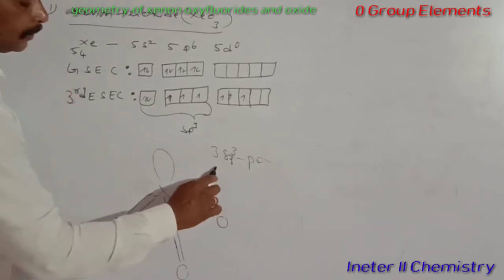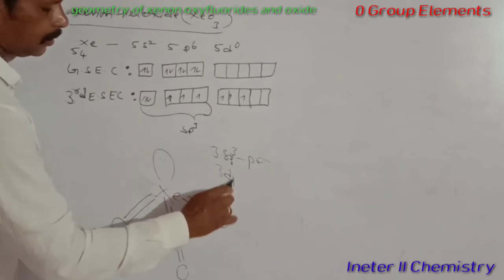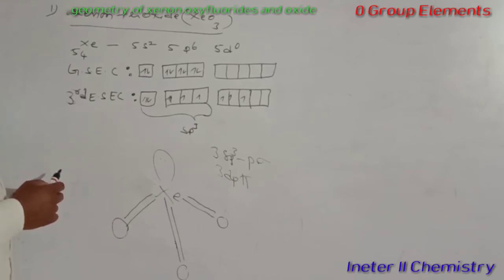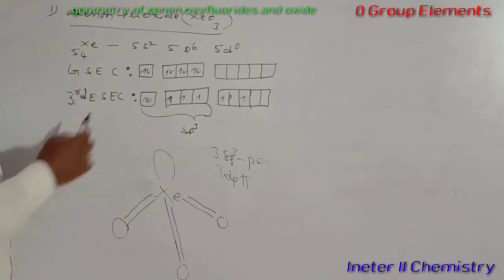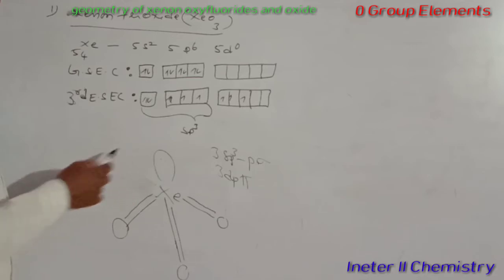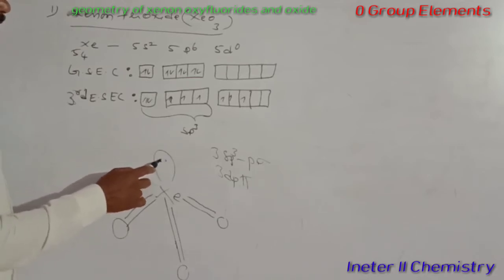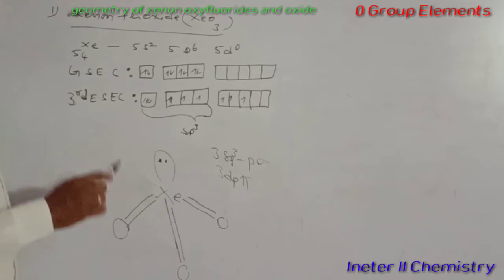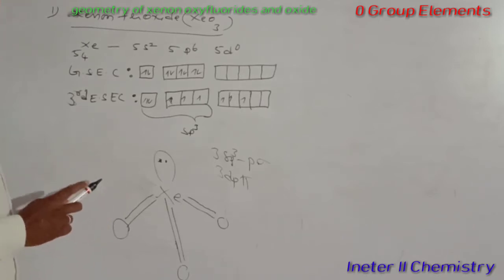How many? 3 dp pi bonds. According to hybridization, here it is sp3 hybridization with one lone pair. So we know the geometry is pyramidal in shape, like ammonia.